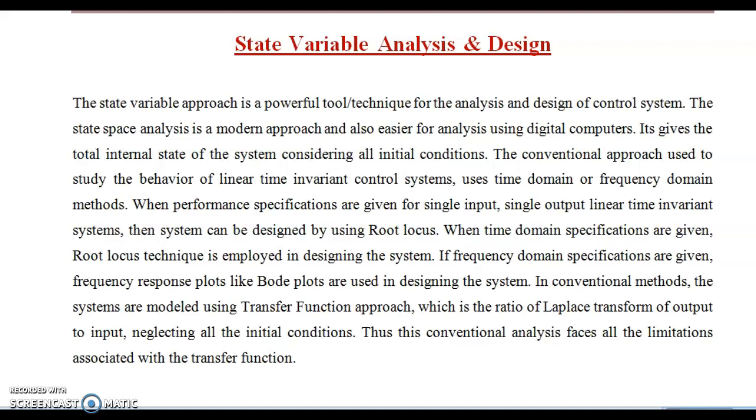Transfer function is nothing but the ratio of output to input, neglecting all initial conditions here. So this conventional approach fails to face the many limitations associated with the transfer function approach, right?